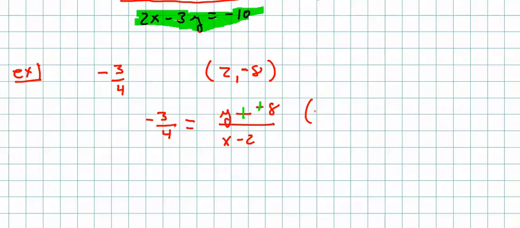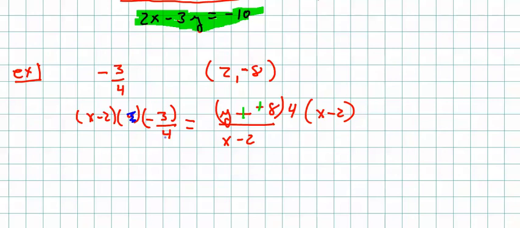Multiply by the least common denominator, x minus 2, and 4, need parentheses here, x minus 2, and 4.